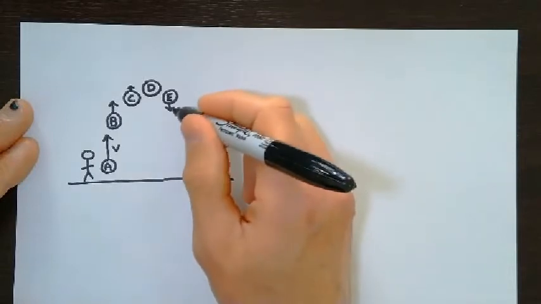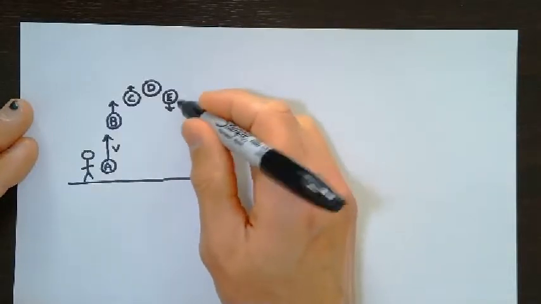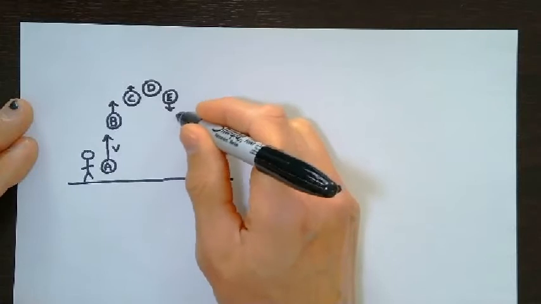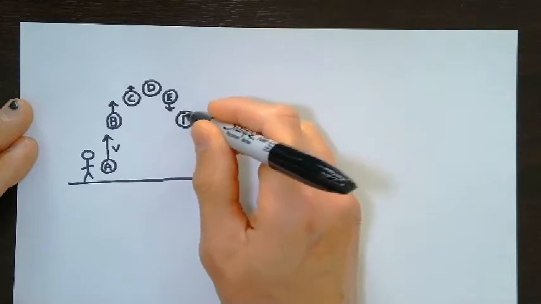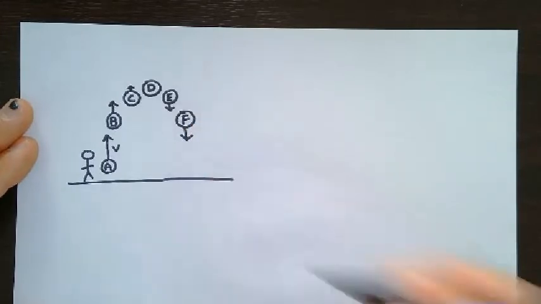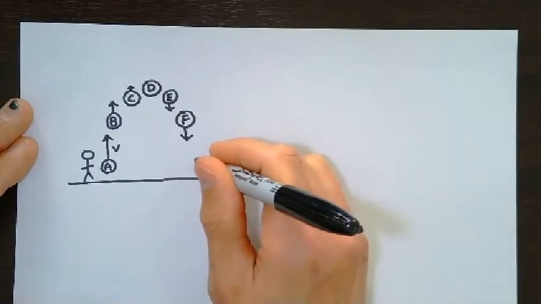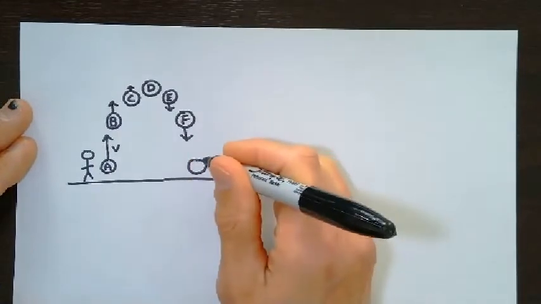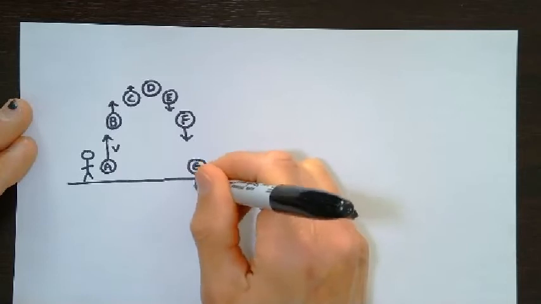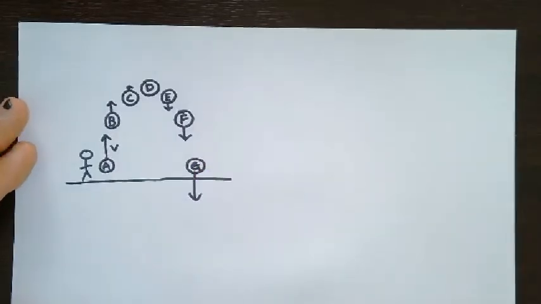So as it's falling, now the velocity becomes negative, and so E lines up with C. In F, it's moving faster. And in G, when it comes back to the level that it was thrown, it's moving really fast.